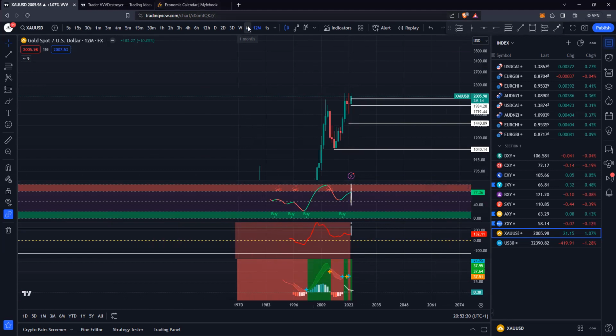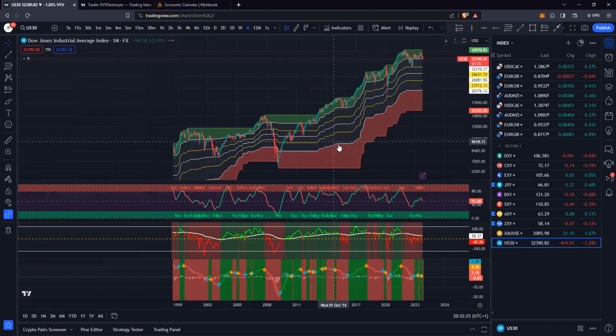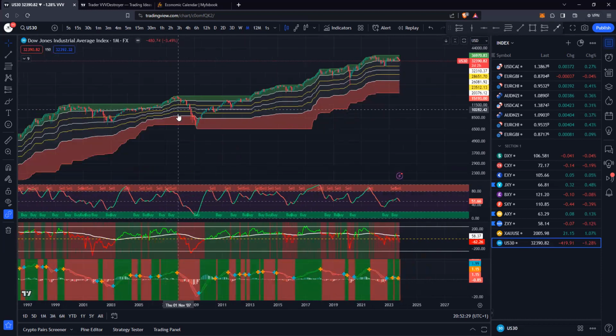Okay, so there's something different, and I want to show you something on the US 30, and what it did in 2008 when there was, let's say, a crash. A structural divergence formed, the momentum created, and it fell down.